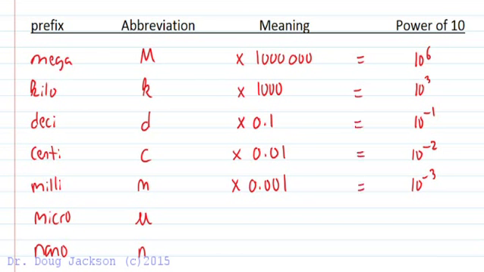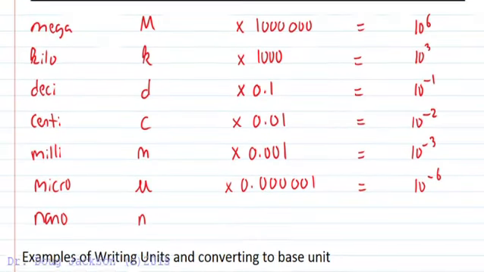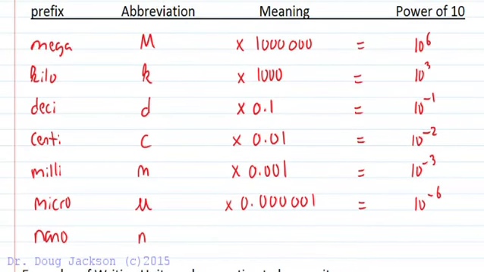Okay, micro means multiply by 0.000001, and that's 10 to the minus 6. So a little easier to write 10 to the minus 6. So check out the scientific notation video for more clarification. Whew.